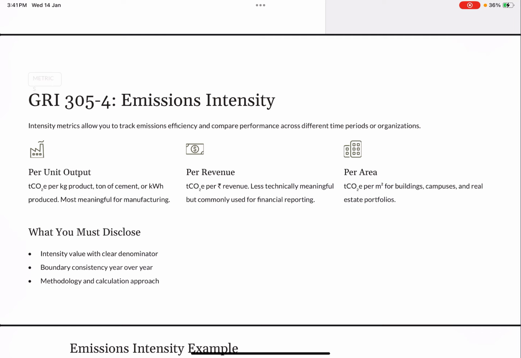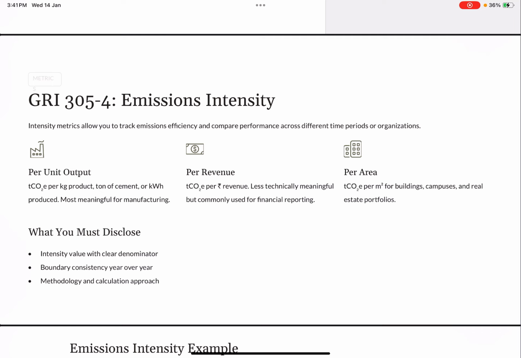It could also be expressed in terms of revenue. So, say tons of CO2 equivalent per some $100 of revenue generated, or per rupee of revenue generated. It is less technically meaningful but commonly used for financial reporting.